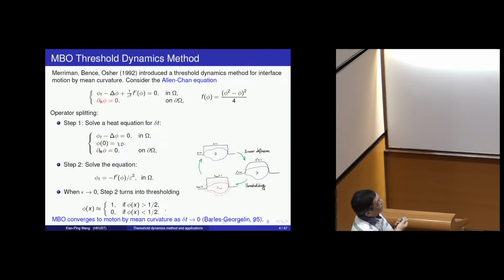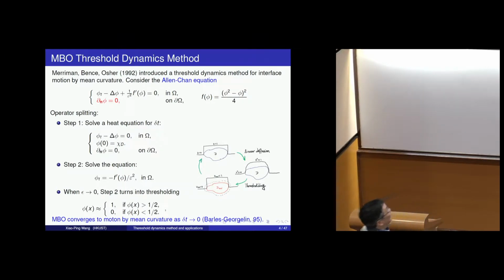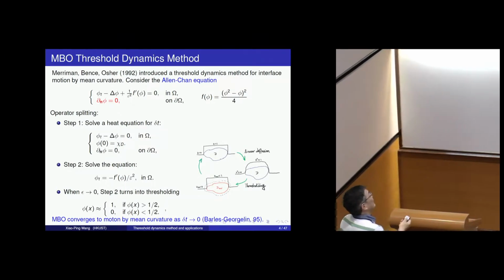So you can simulate the motion by mean curvature using Allen-Cahn as an approximation. Of course this is a nonlinear problem, because F is a double well potential. If you do direct simulation of the Allen-Cahn equation, you need to resolve the interface thickness, which is of order epsilon.